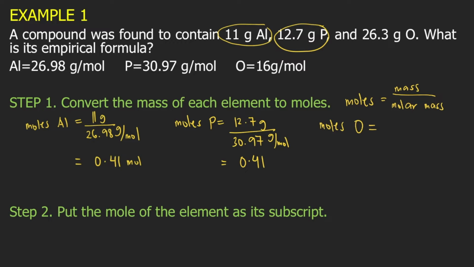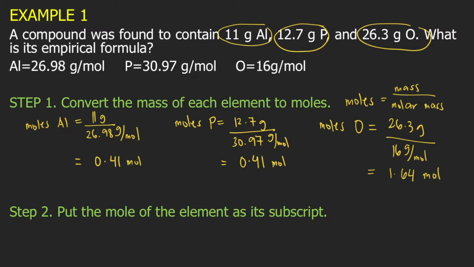The given mass of oxygen in the problem is 26.3 grams, and the molar mass of oxygen is 16 grams per mole. 26.3 divided by 16 is approximately 1.64 moles. So that's for step 1.